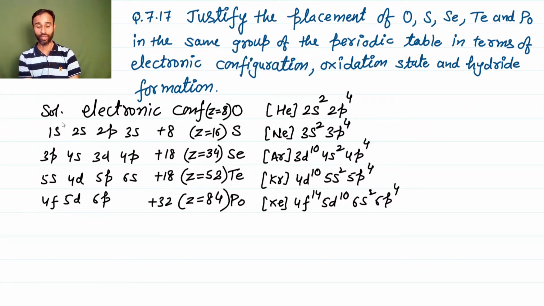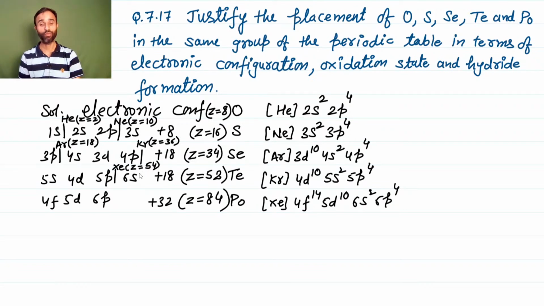Okay, here it is helium, then neon, then argon, krypton, xenon, that is 2, 10, 18, 36, 54, right?